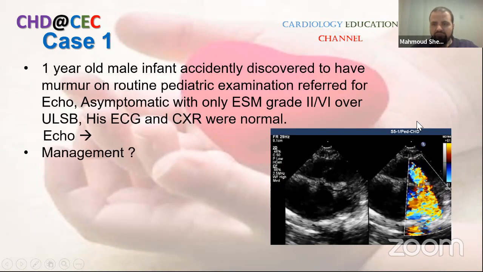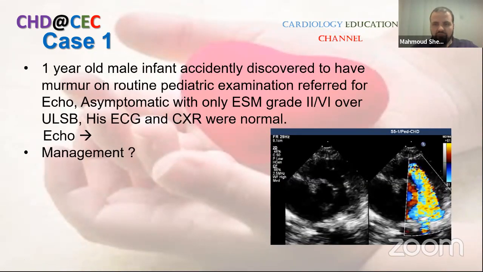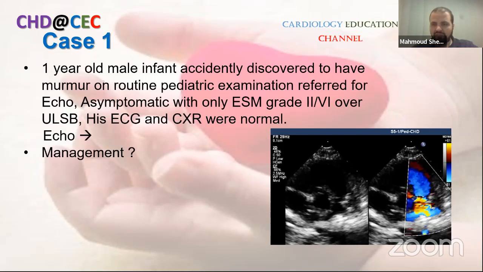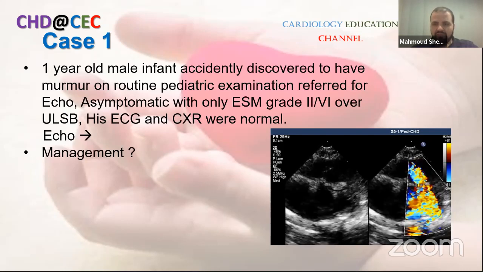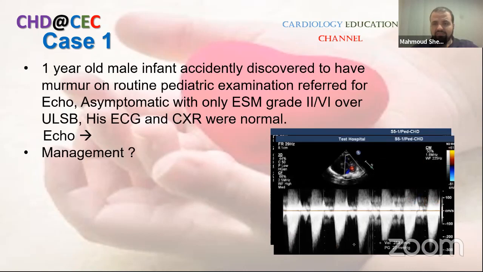We see from the echo that there is flow acceleration across the pulmonary valve, and this gives a gradient of about 30, less than 3 meters per second regarding the velocity.